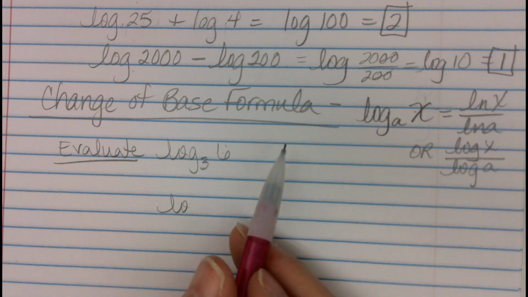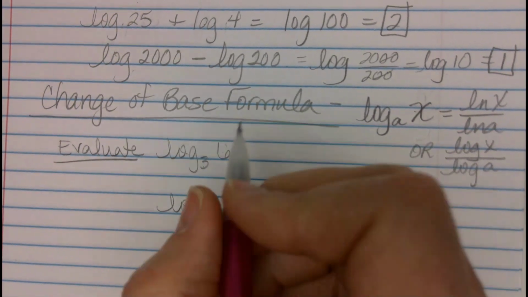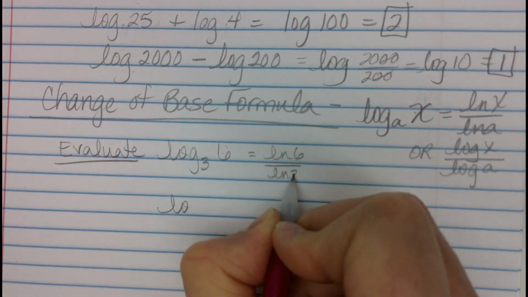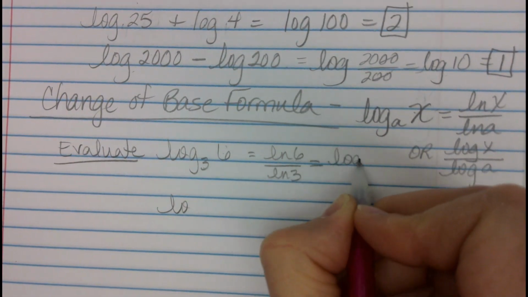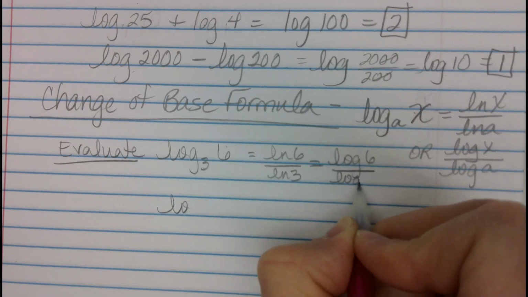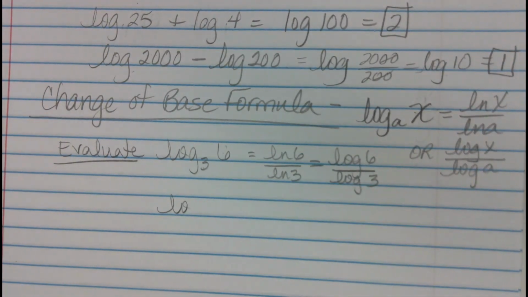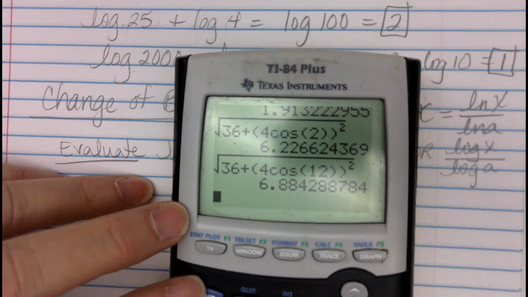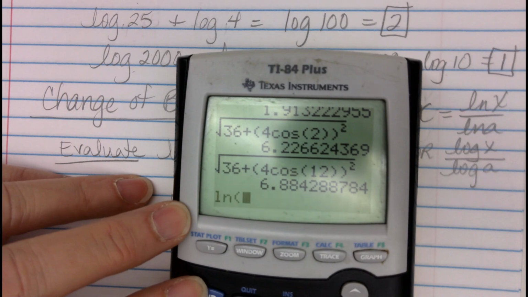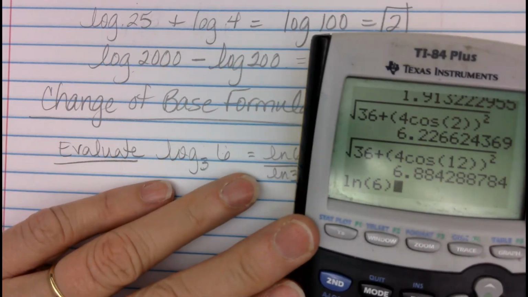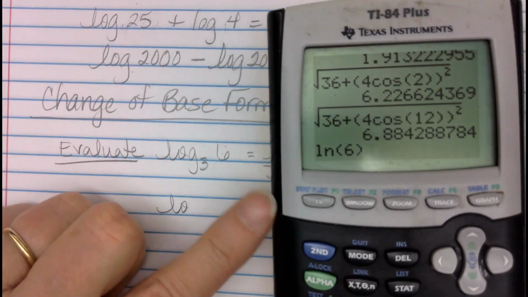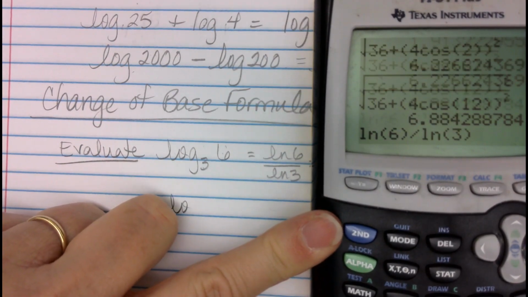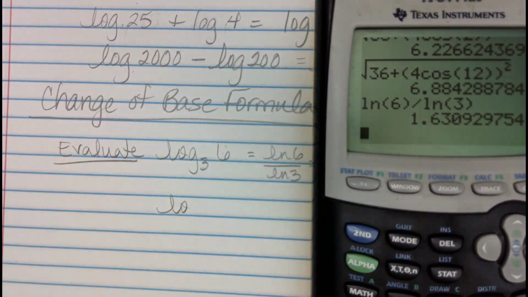Let's show that the natural log of 6 over the natural log of 3 is exactly the same as the common log of 6 over the common log of 3. I'll show them both. Natural log of 6. The biggest mistake people make is they forget to close the parentheses. 1.631.